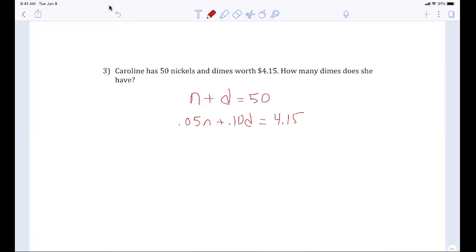Now, we can just multiply the top by negative 0.05.